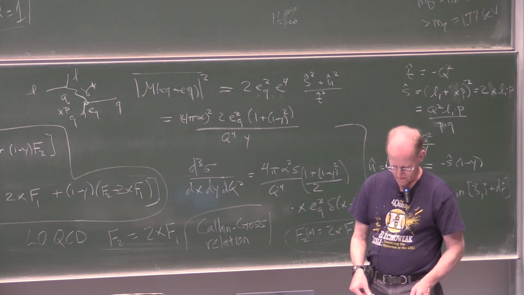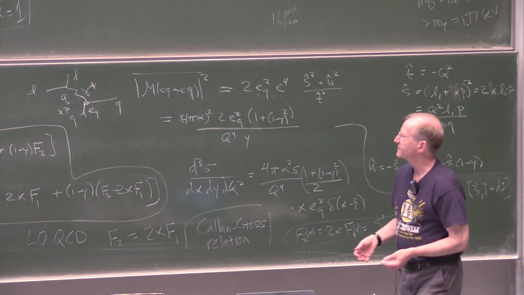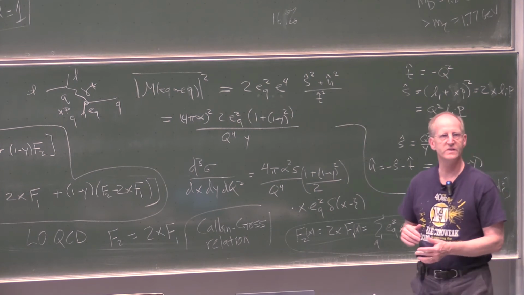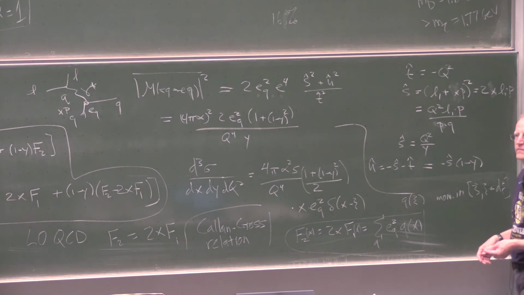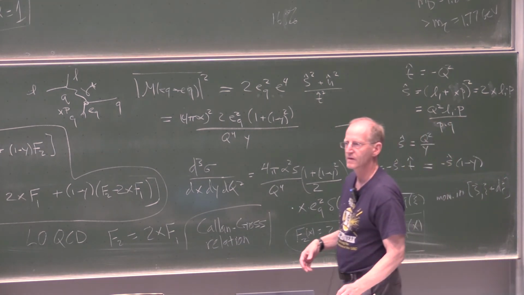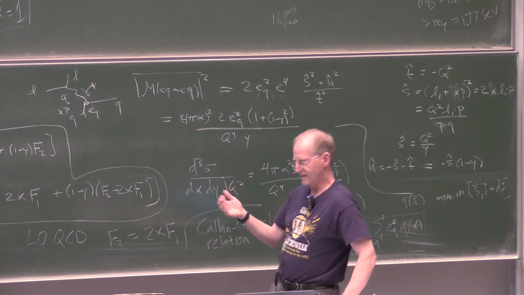Now, there's another way of analyzing the system, but are there any questions about this first? Yep. This assumes that you can resolve the constituents in the proton. Yeah, so that's sort of leading into the next thing.